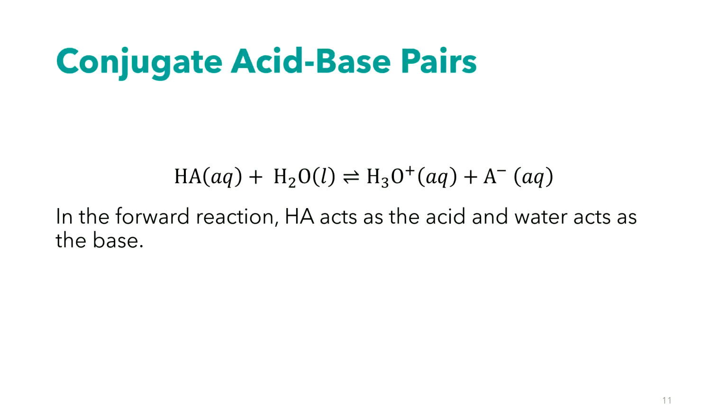All right, let's move on to conjugate acid-base pairs. This is our next big step. All right, and we've already sort of tackled this. All right, in the forward reaction, HA acts as the acid and water acts as the base, right? We know that because we've given away a proton from HA and water's accepted it, okay? That's in the forward direction.